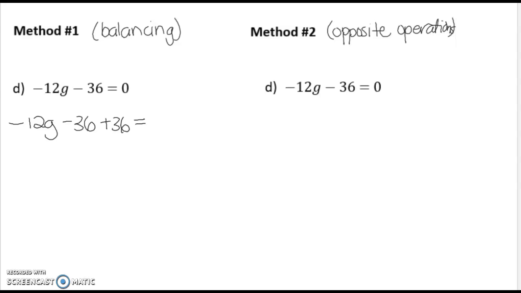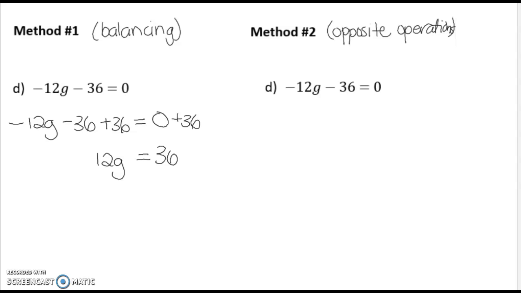My equal sign, it's hard to write small on these things, okay? So equals, over here we have a 0. But because we added 36 to one side, we have to add 36 to the other side. So negative 36 plus 36 gives you 0. So over here we have 12g, and then equals 0 plus 36 gives us 36.